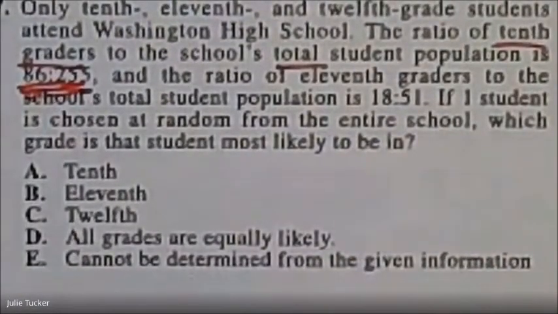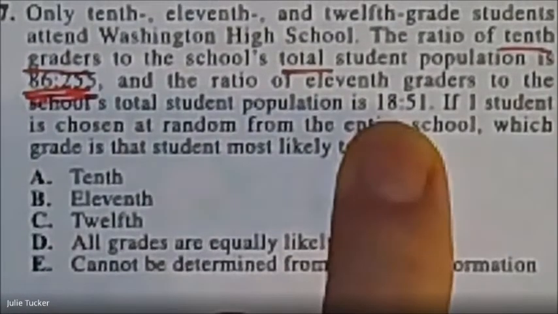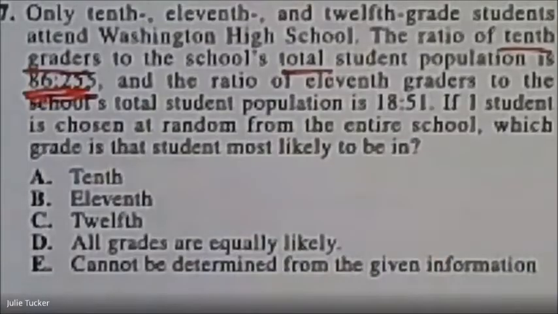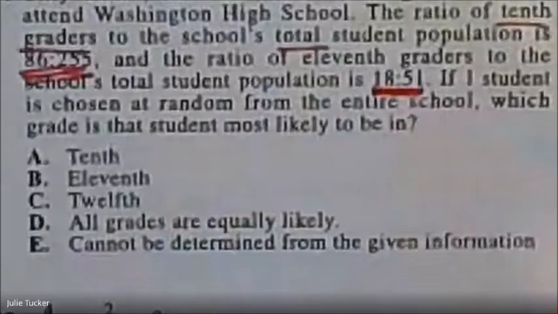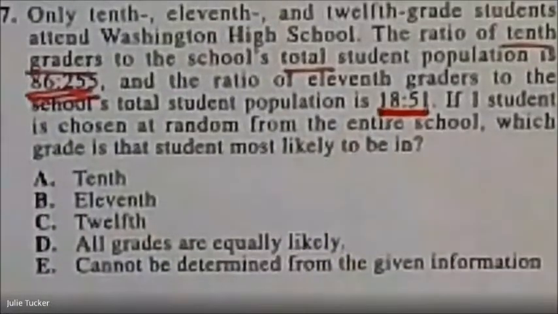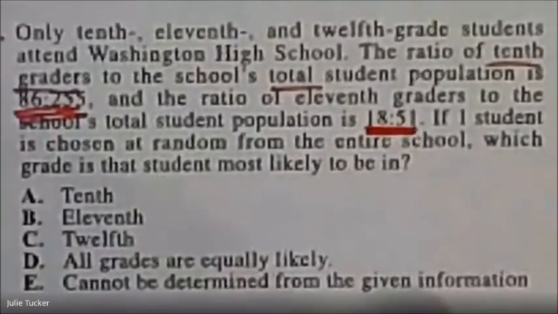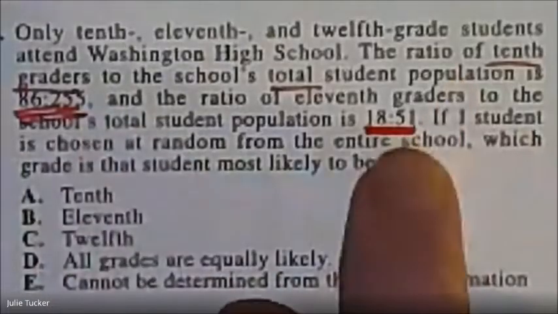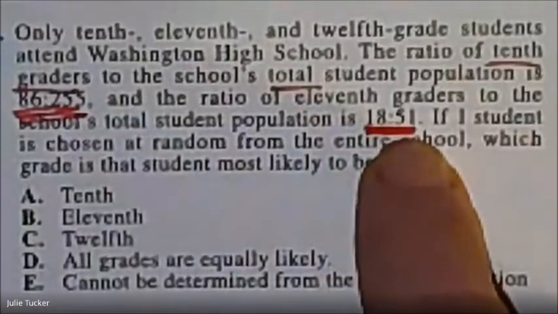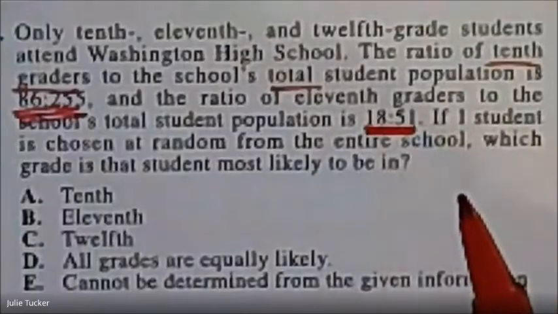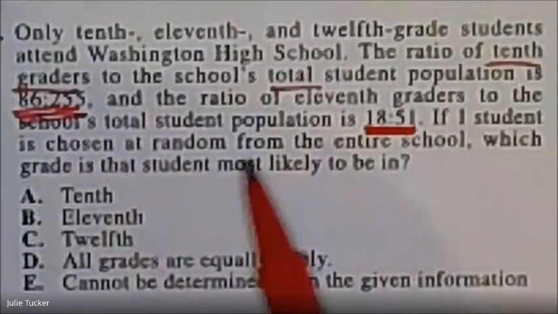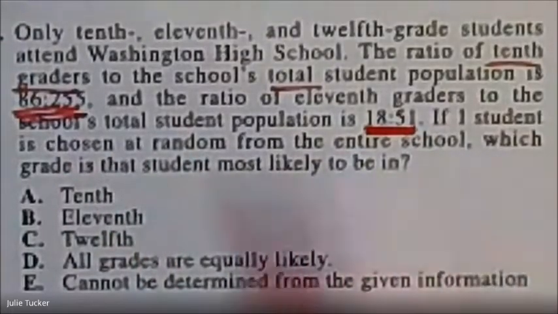And the ratio of 11th graders to the school's total is 18 to 51. So that means they must have reduced this other ratio, because they should have the same total. You see what I mean? 255 there and 51 there. Okay. If one student is chosen at random from the entire school, which grade is that student most likely to be in?